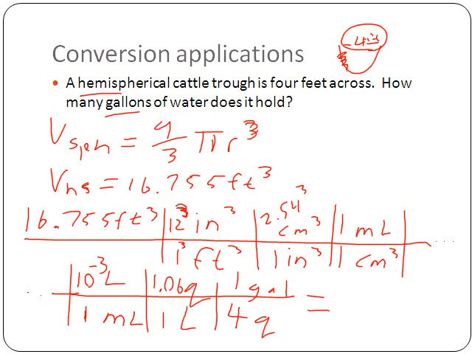So we get for this 125.728 gallons is our unrounded answer.